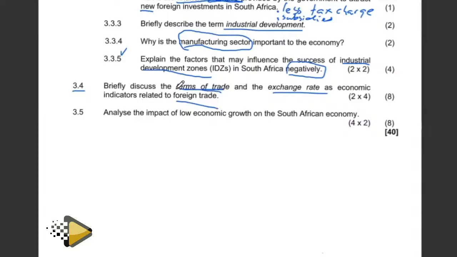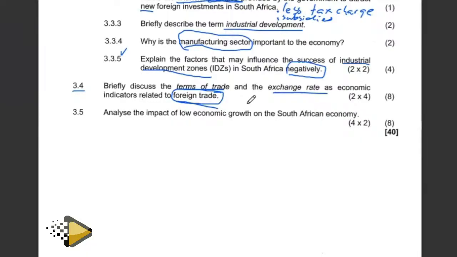Okay, so now when we talk of foreign trade, it means here we check the interaction of different countries in line with the flow of goods and services. So also we check whether there can be easy flow of goods and services amongst countries when we take into account the exchange rate as well as the terms of trade.